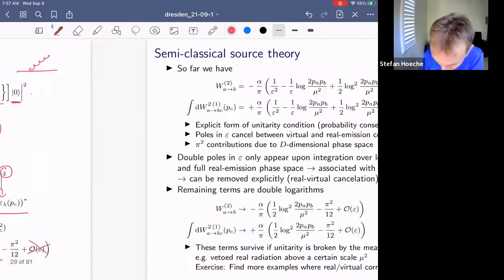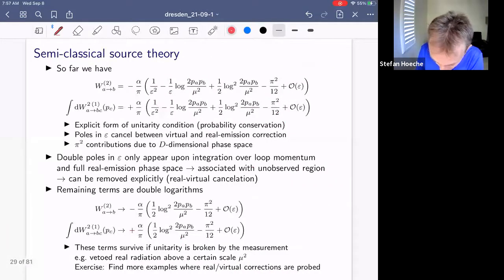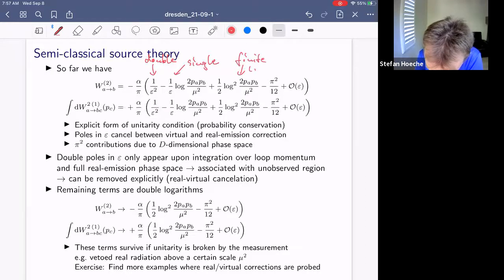Let's sum this up. We have double poles, single poles, finite pieces, but logarithmically enhanced, and we have constants.